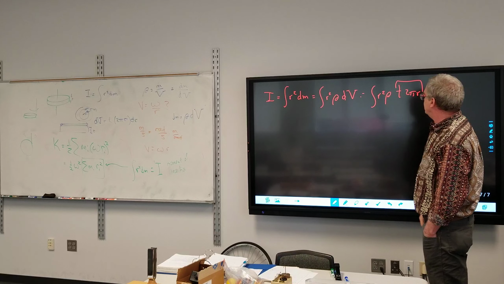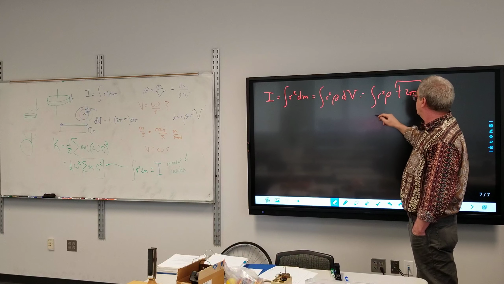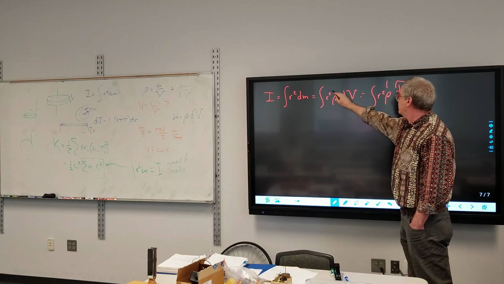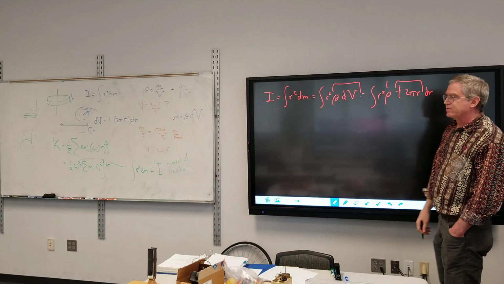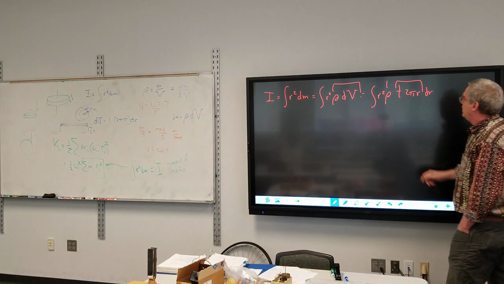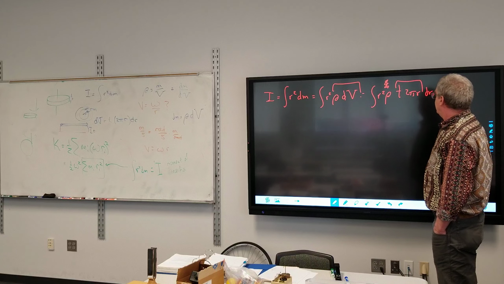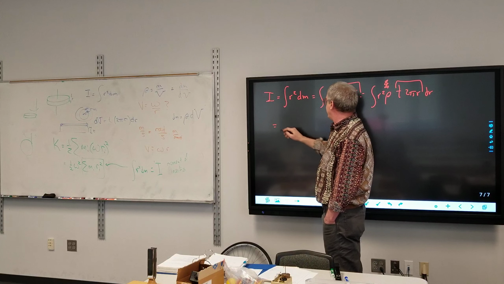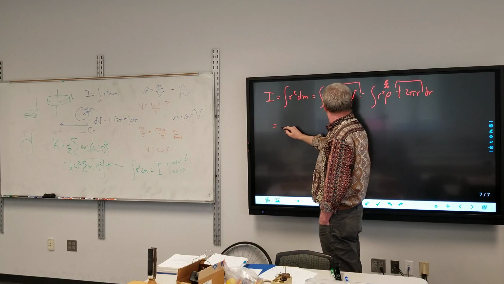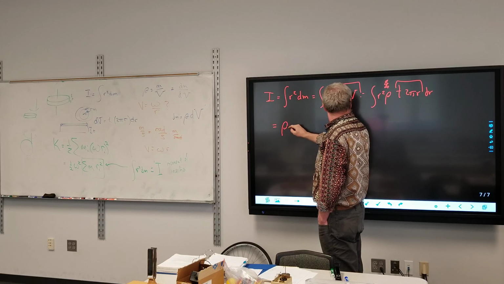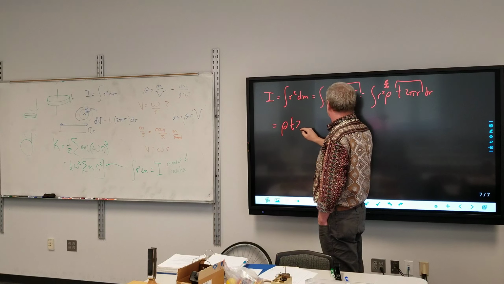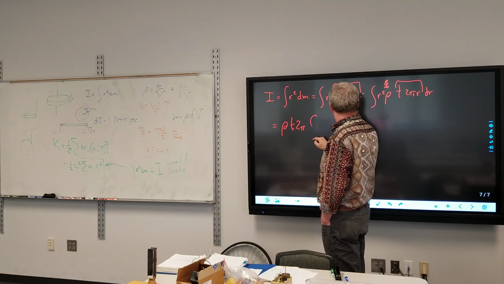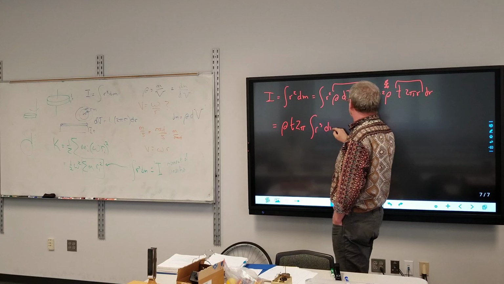That's my differential of volume, and that is my differential of mass. Let's pull the constants out and combine like terms. So we've got rho t 2 pi times the integral of r cubed dr.